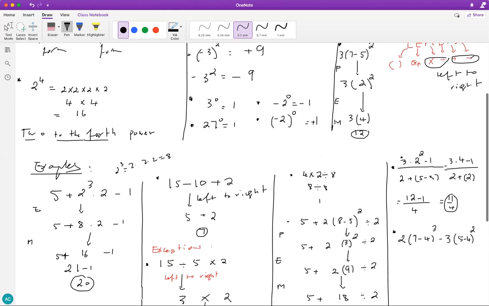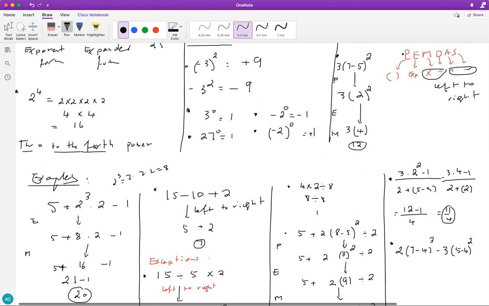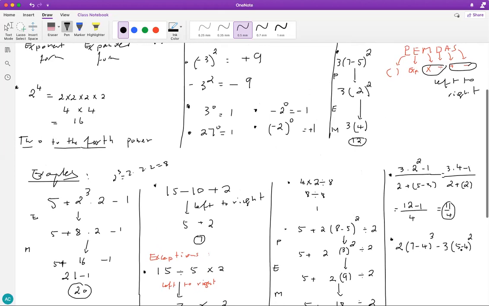But again, we're going to follow the order of operations here. So where do you start from? What's in the parentheses. That's right. So we have 2 sets of parentheses. So we can do both at the same time, because it's the same operation. We're going to evaluate this, and everything else will remain the same.